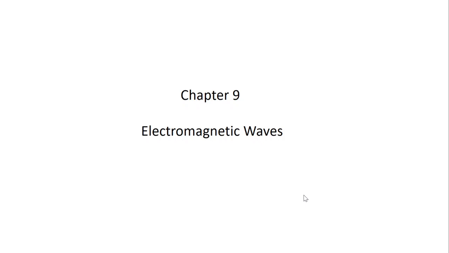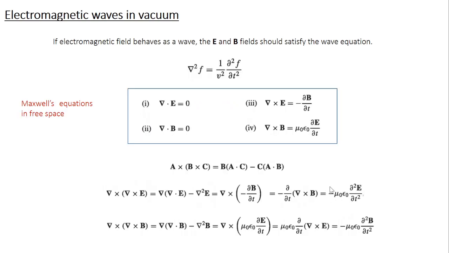In today's class, we will continue to discuss topics from Chapter 9, Electromagnetic Waves. In the last couple of classes, we discussed wave motion, in particular one-dimensional wave motion. We have seen that if anything is waving, the function which describes the wave motion, we can call it the wave function.